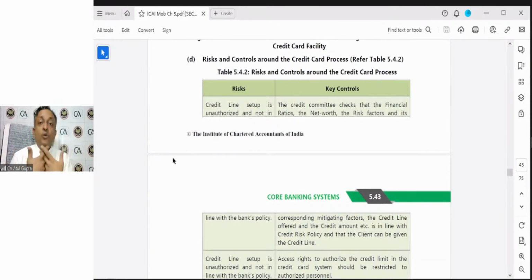Then I've already told you the government has created a centralized database of all financial defaulters. So whether your name appears there, and what your CIBIL or credit score is as on date. All these factors are analyzed and only then your credit limit is set. So any wrongdoing here can be a disaster.